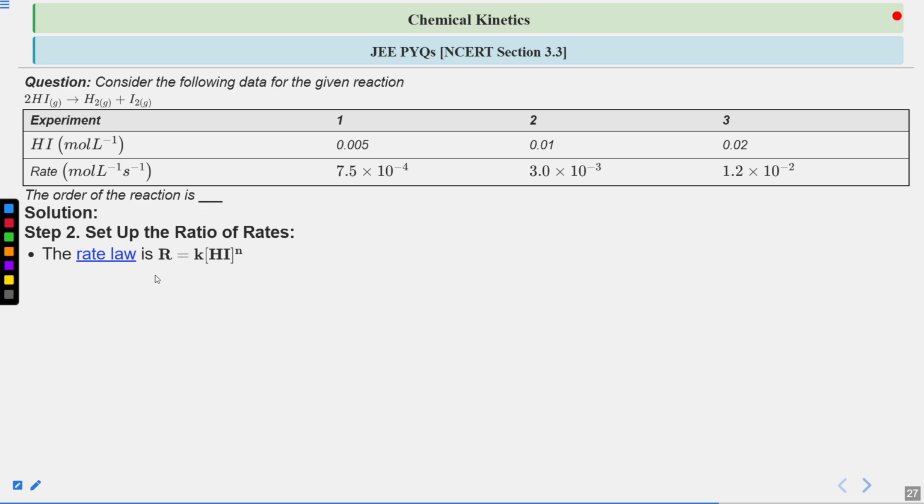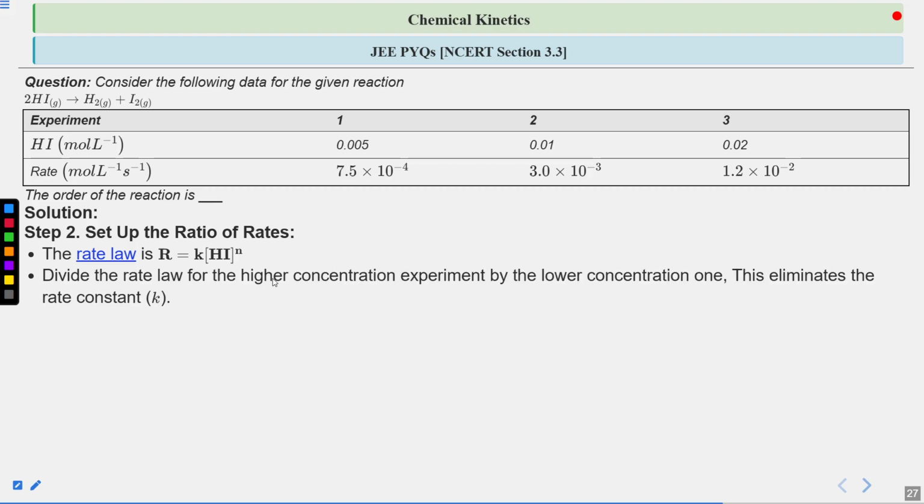We use the rate law because in the question we are given the reactant concentrations and the rate of the reaction, and both quantities are in the rate law. So the rate law is rate equals k times HI concentration to the power n. n is the order of reaction.